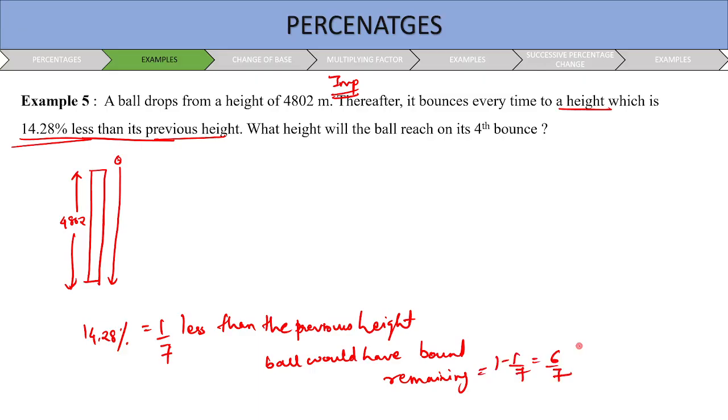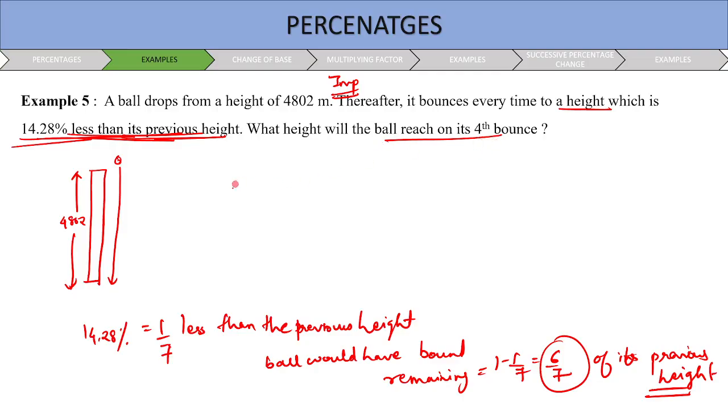Why am I taking minus 1 by 7? Because this 1 by 7 is less than the previous height. So the ball is bouncing to 6 by 7 of its previous height. What height will the ball reach on its fourth bounce?